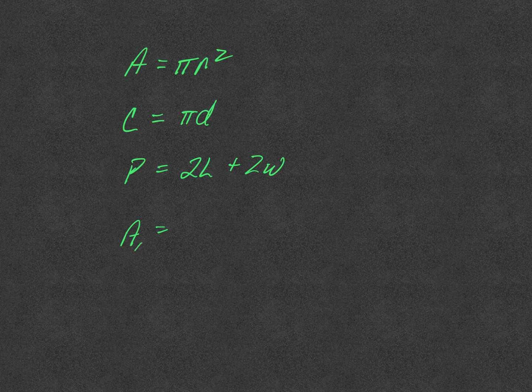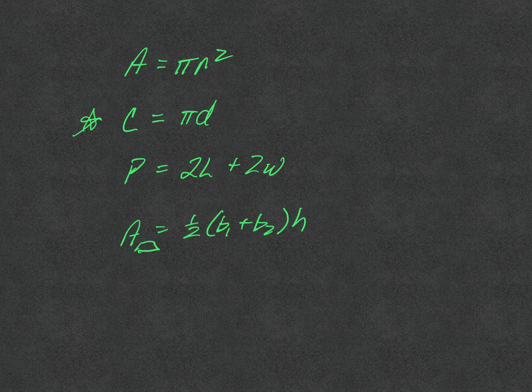The area of a trapezoid is 1/2 base 1 plus base 2 times the height, etc., etc. There are lots of formulas. And with these formulas, we can solve for the missing variables. For instance, suppose you're doing a problem with circumference and you know the circumference, but you want to find the diameter. Then what you can do is remake this formula into a formula that solves for the diameter.